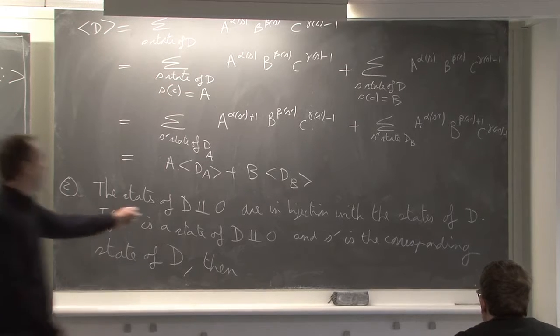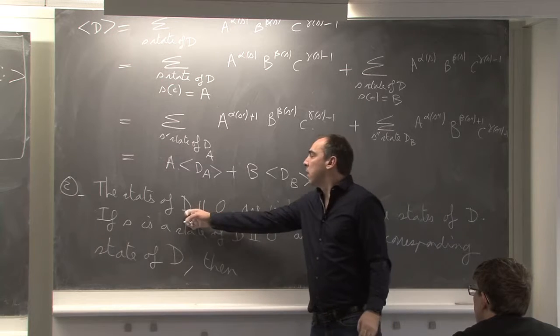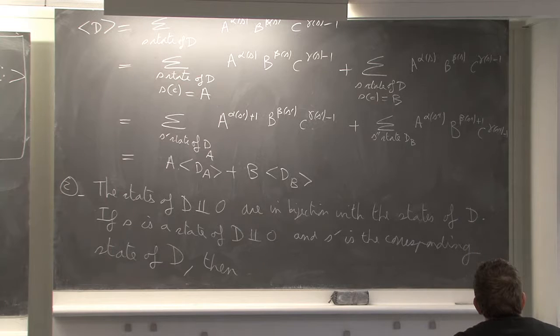The first bijection comes from the fact that the crossings of D disjoint union the circle are the crossings of D. So it's clear.